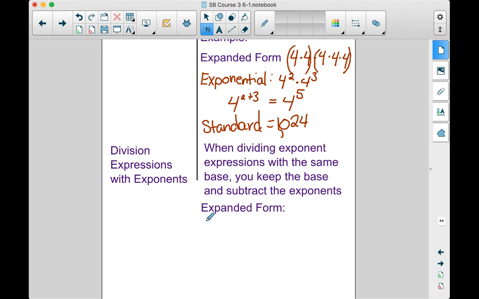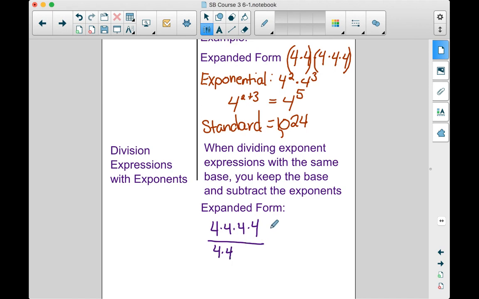I was going to do an algebraic example, but I just did that. So I guess I'm going to use my favorite number again. My favorite number is 4. So 4 times 4 times 4 times 4 divided by 4 times 4.